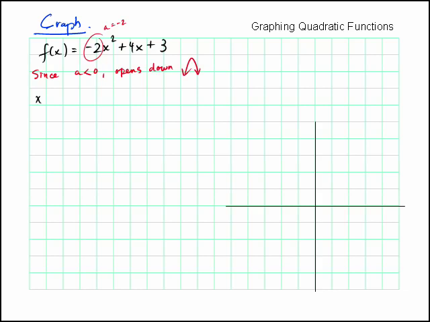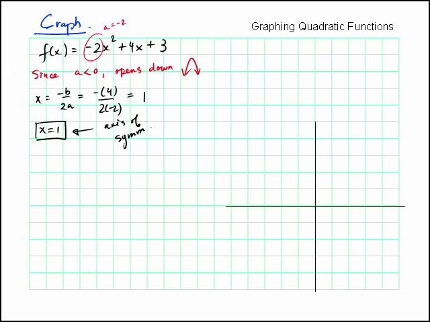Now I'm going to find the vertex by using the line of symmetry, x equals negative b over 2a. That will be negative 4 over 2 times negative 2, and that simplifies to a positive 1. So our line of symmetry, or axis of symmetry, is at x equals 1.